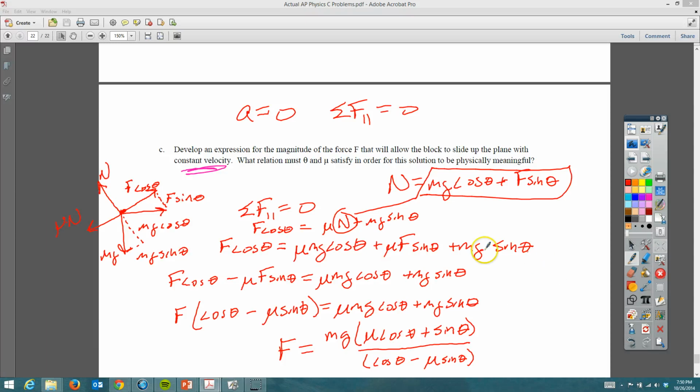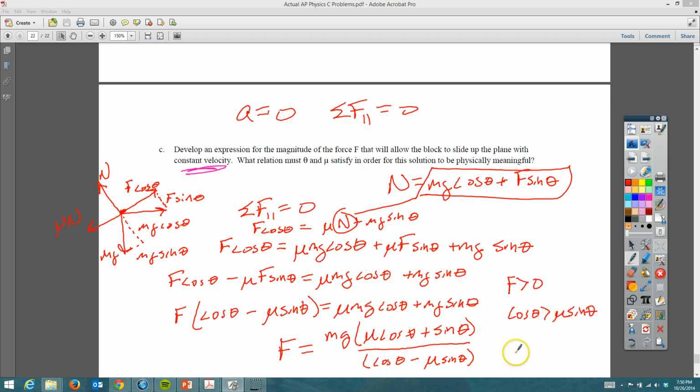relationship? So we've got this relationship, but now we're going to say that F has got to be bigger than 0, okay? And so now we could say that the cosine of the angle has got to be greater than mu times the sine of the angle.